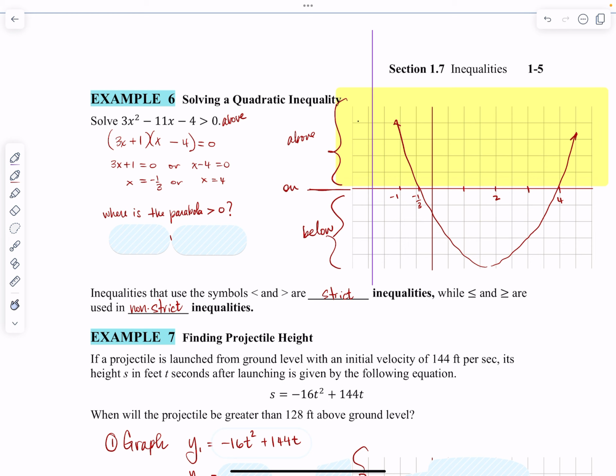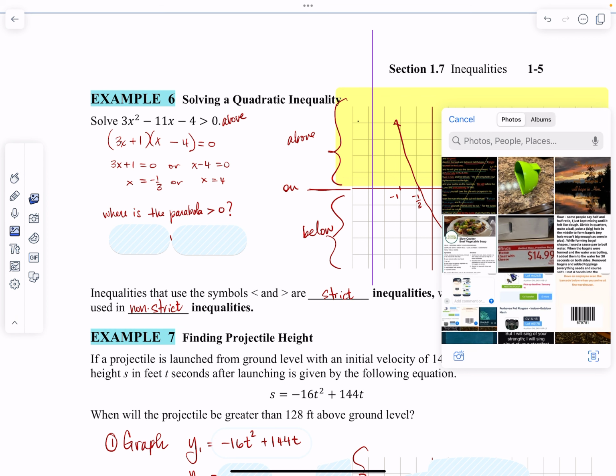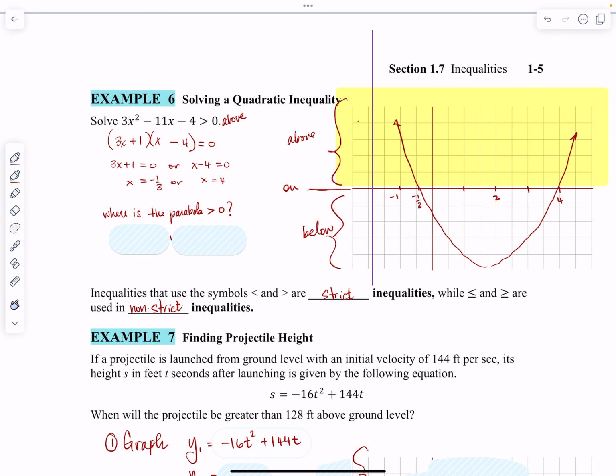And what I want to do is just show you all these x values that allow me to be able... Sorry, struggling here. There we go.